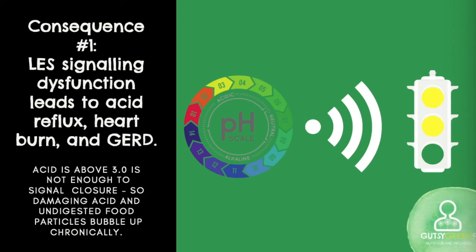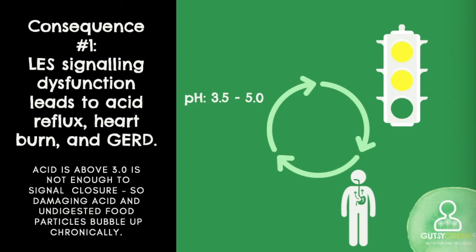You may wonder, so what? The stomach acid isn't that acidic anyway, since it's not below a pH of 3. Wrong. It's still plenty acidic enough to do damage to the tissue if it's hovering at a pH of 3.5 to 5.0, but it's not acidic enough to properly calibrate the mechanical function of the LES gateway.